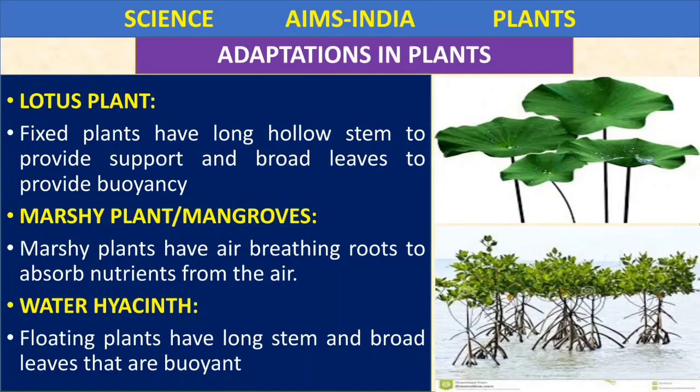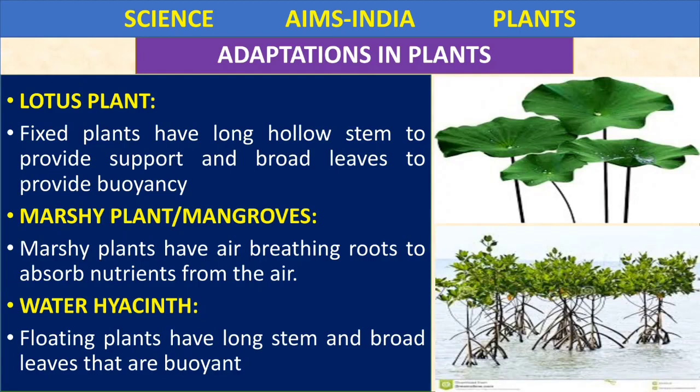Children, before concluding, let us just revise what we have learned in today's session. So we learnt about the adaptations in plants, like making themselves comfortable to live in certain places or climatic conditions.